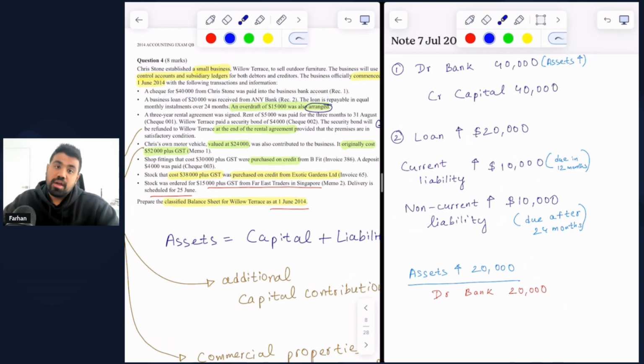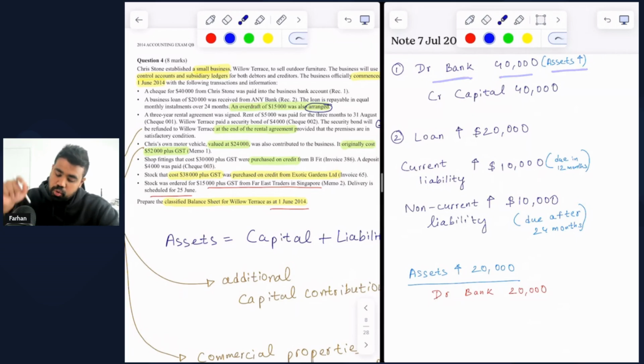Because we're preparing the balance sheet from the perspective of the business, if you are depositing $40,000 into the business bank account, the assets of the business are going up. If we were to generalize this, we would debit the bank account. DR means debit. So we would debit the bank account by $40,000, which reflects an increase in current assets.